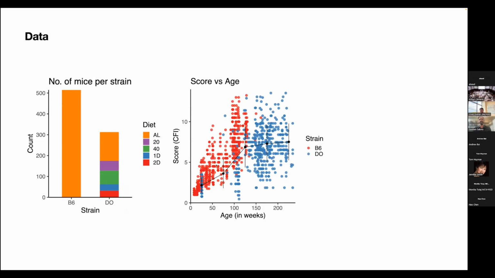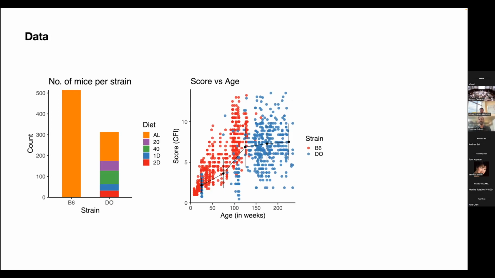The mean FI score, which is the cumulative FI shown on the y-axis, increases with age, which is shown on the x-axis. We can see a piecewise linear regression model that has been fit to the data. But you'll see that there's an observed heterogeneity in biological age among mice within the same cohort.